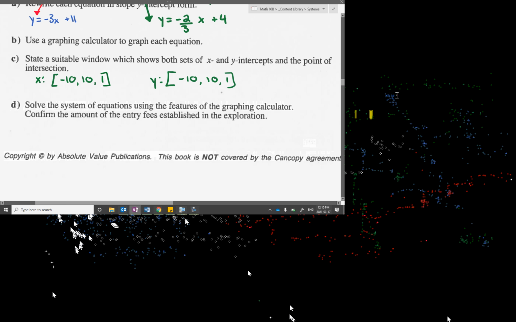Could you put different things there? Totally. But with those window settings, we could see our y-intercepts, we could see where they cross, which is the biggest point right now: we want to see where those two graphs cross. By using the intersect feature, we found out that they cross at 3 and 2. So we confirmed it.